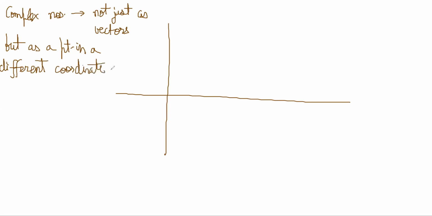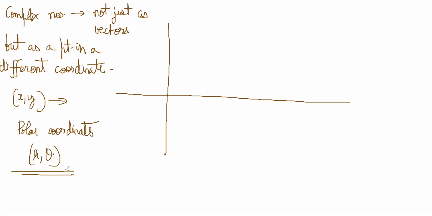So instead of xy coordinates, I'm going to use polar coordinates, which are called r comma theta. I'll explain. That will help us do the multiplication and division really well. Understanding multiplication and division operations using complex numbers is much harder if you think of it as x plus iy. It will not work. You will not have any clue of why it is that.